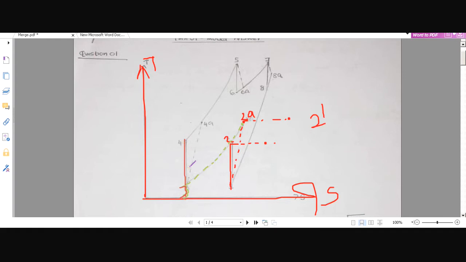But I told you, because of the efficiency, the actual work that we have to provide is a bit higher, so it is point 4a, the actual representation, because it is at a higher level when compared to the level of 4. Now this straight line is the level of 4, and this straight line is the level of 4a, the actual representation. Okay, done.